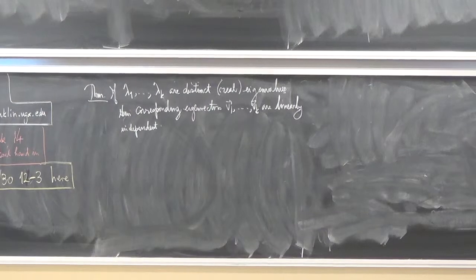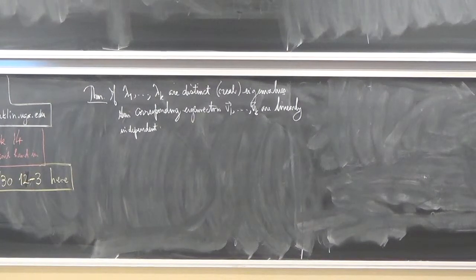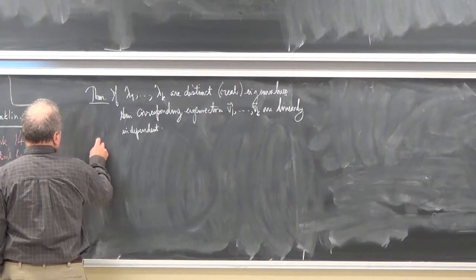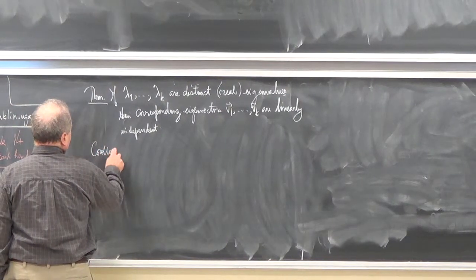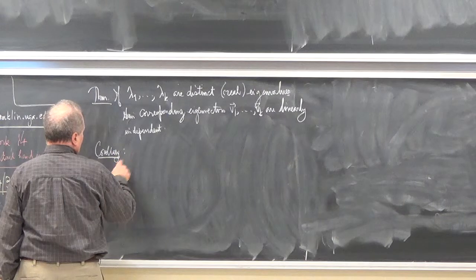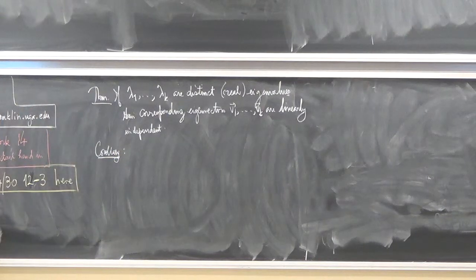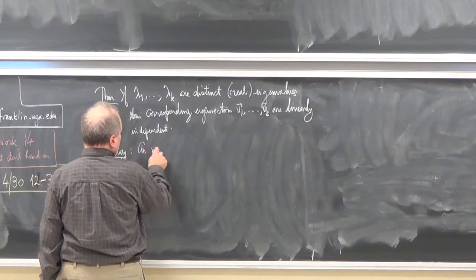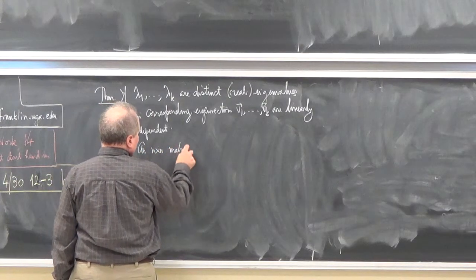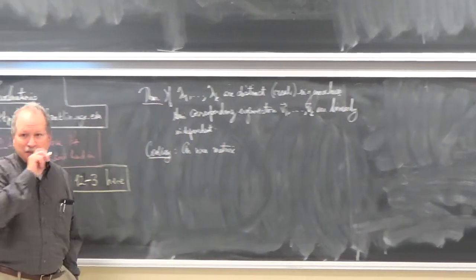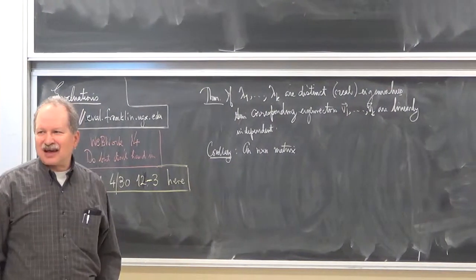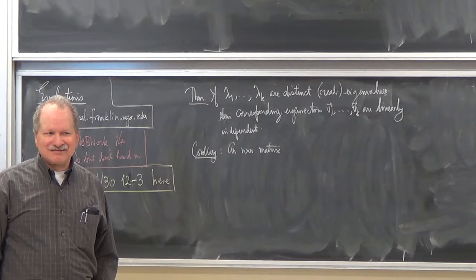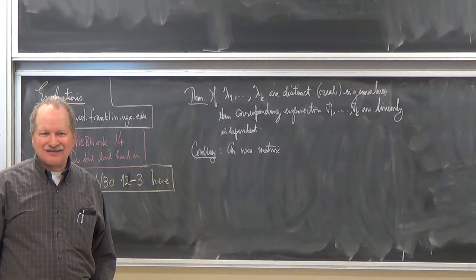They form a basis for R^k. Okay, so suppose we're doing an n by n matrix with n distinct eigenvalues.